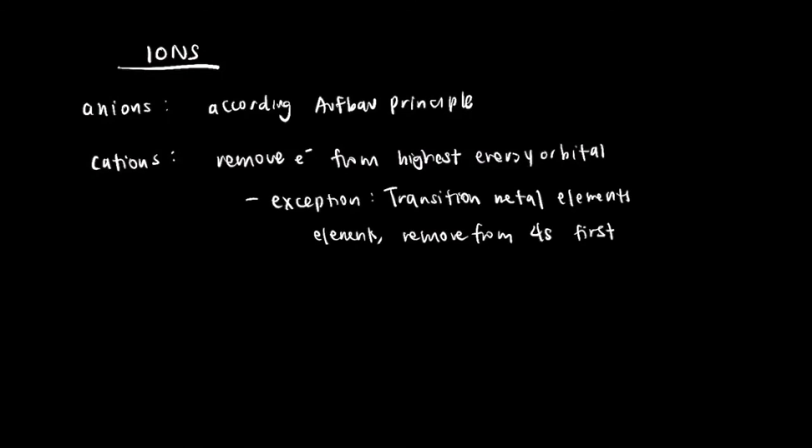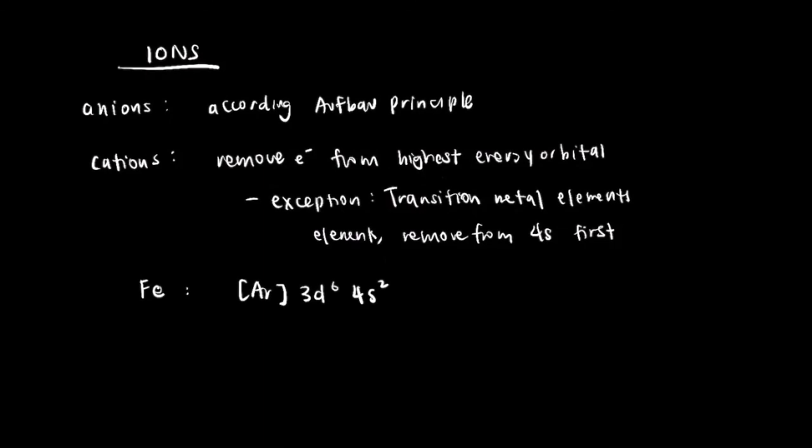So let's take a look at the example of iron. Iron has 26 electrons according to the periodic table. Take a couple of moments to write out the electronic configuration of iron. The condensed electronic configuration would be argon 3d6, 4s2.